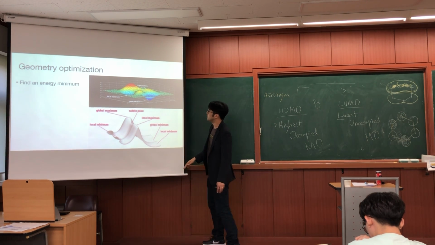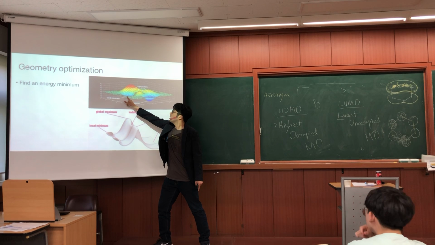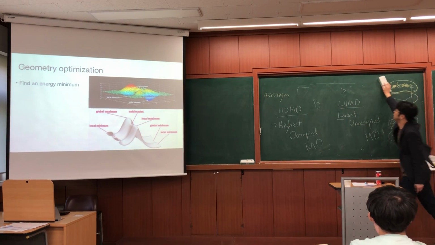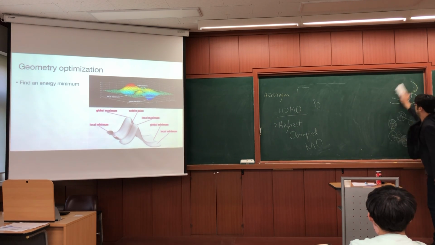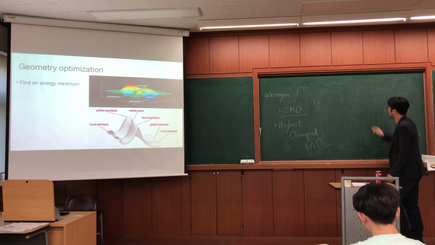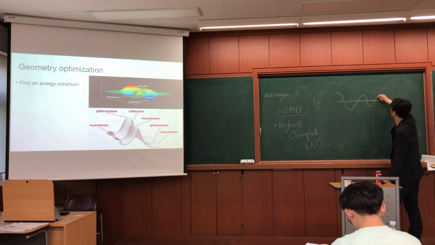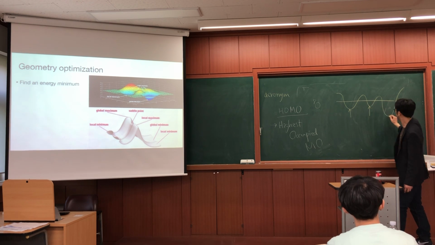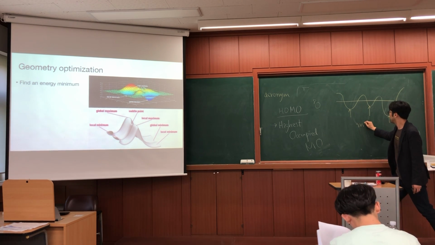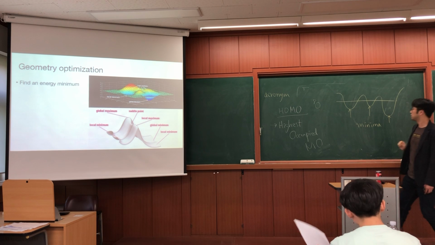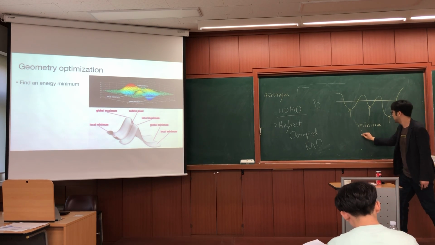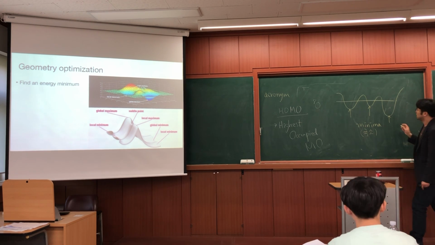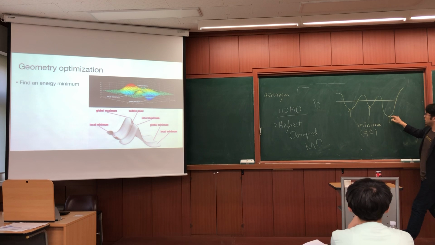So global minimum means that, when you have a graph like this, we know that these points are minima. But these all three are minima.